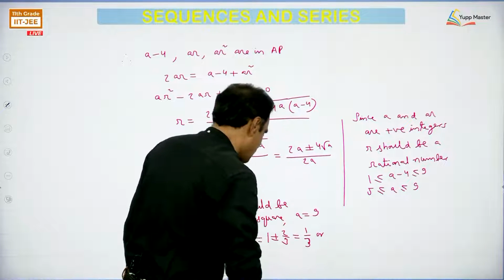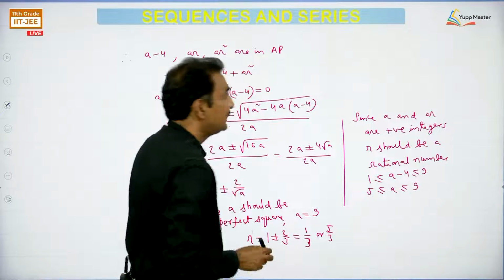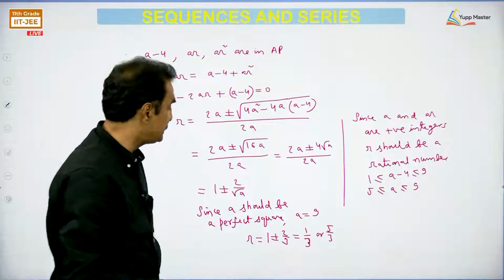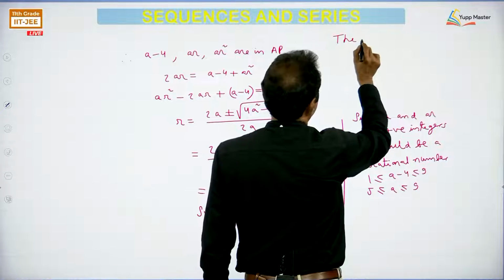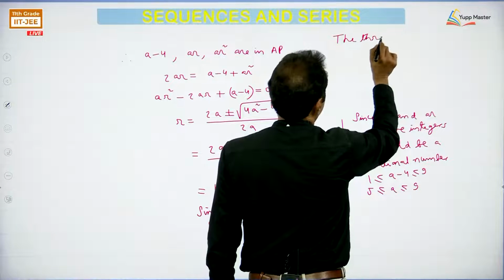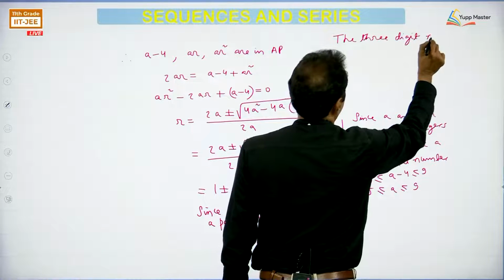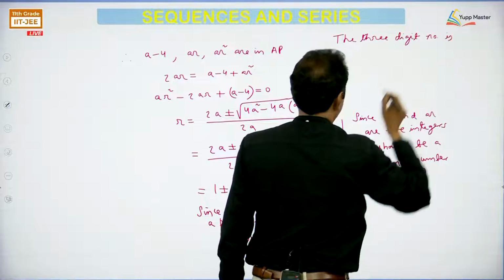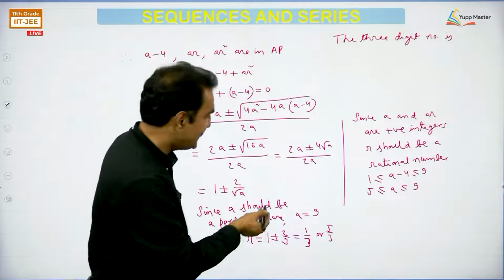If you take plus sign, you will get 5 by 3. If you take r is equal to 1 by 3, what are the numbers? The 3-digit number. First, what is it? a. a means 9.